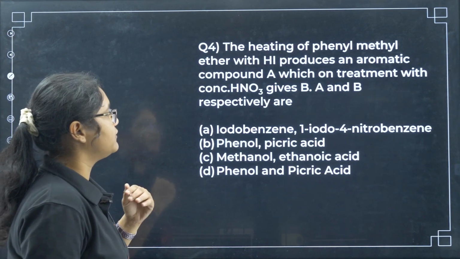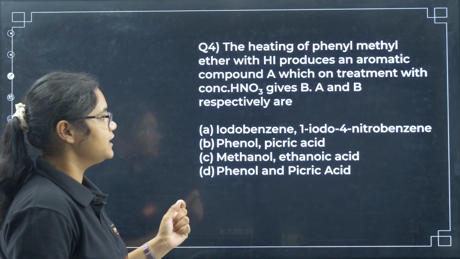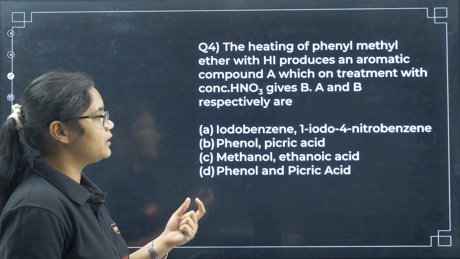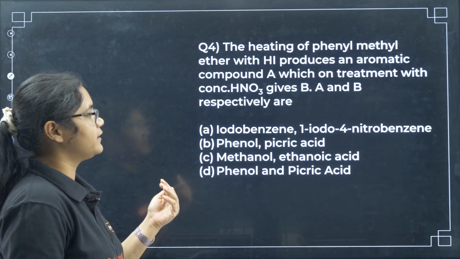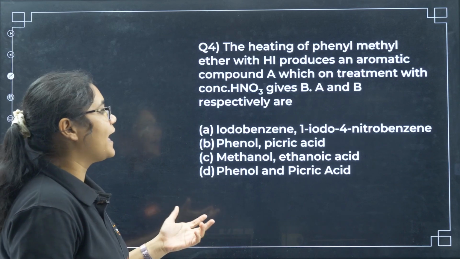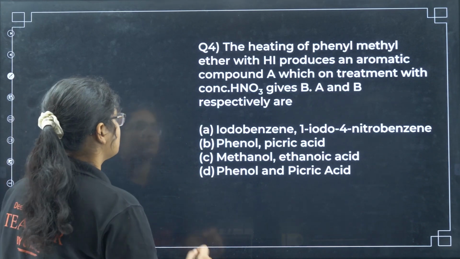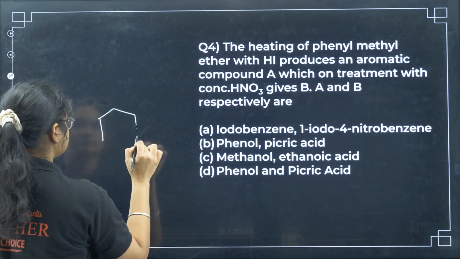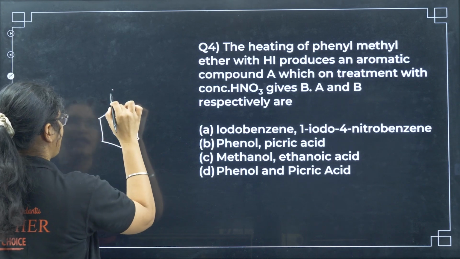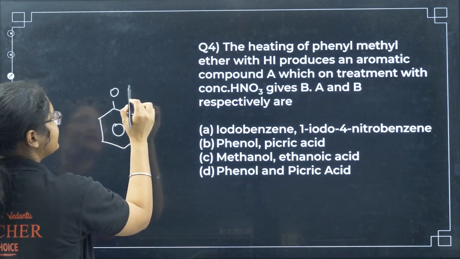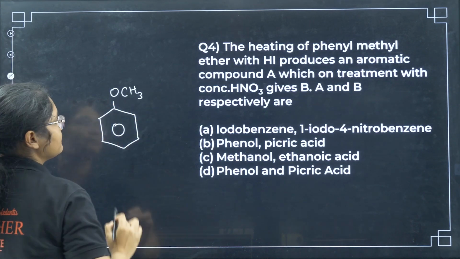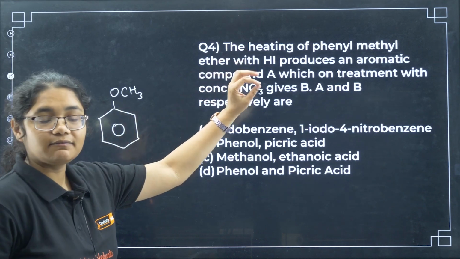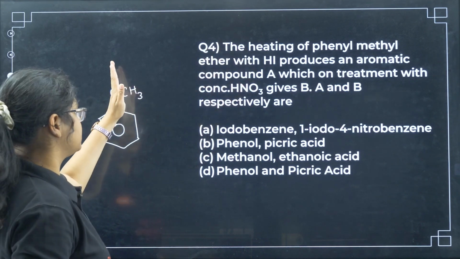Next, the heating of phenyl methyl ether with HI produces an aromatic compound A, which on treatment with concentrated nitric acid gives B. A and B respectively are. So you have phenyl methyl ether, OCH3. Now when you provide HI, definitely this bond will break.